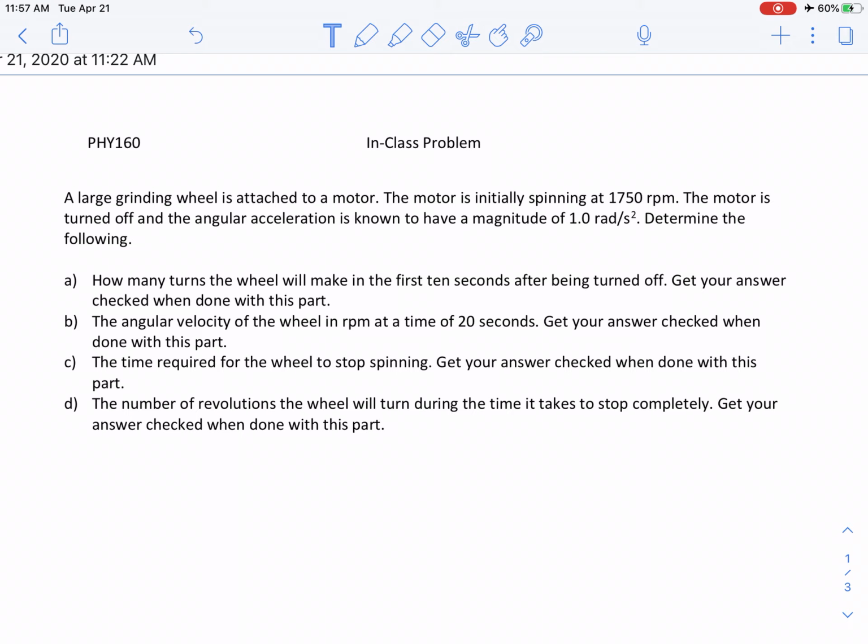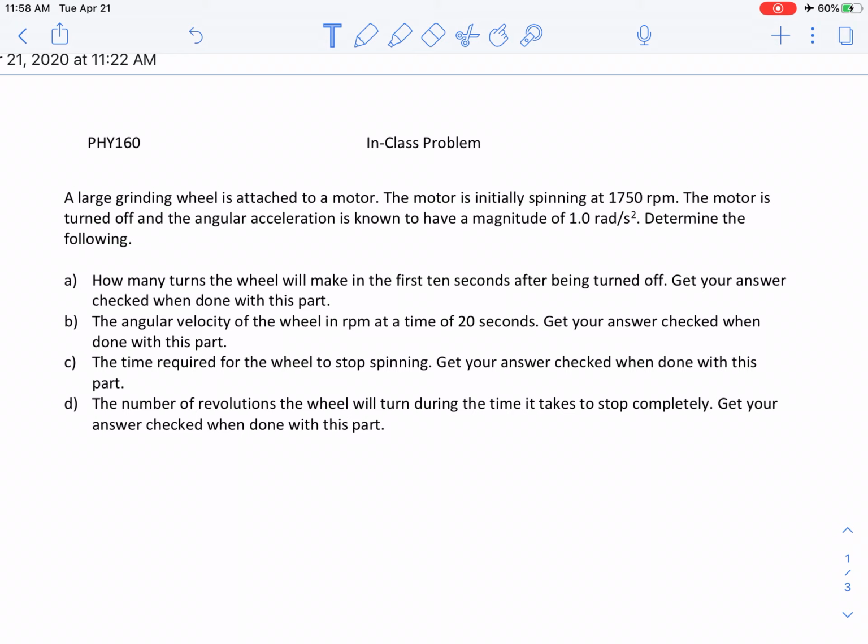And the first part is asking how many turns the wheel makes. What is it even asking? Do you understand that? Can you figure out what you are looking for? Is it theta? Is it omega? Is it alpha? Is it the time? Is it initial or final?